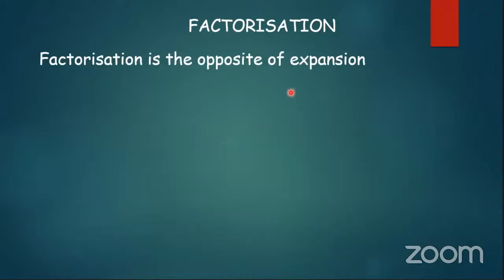So we are saying factorization is the opposite of expansion. And we are beginning with what we have concluded with, A into B plus C. So when we expand A into B plus C, what did we get? When we expand, what did we get?